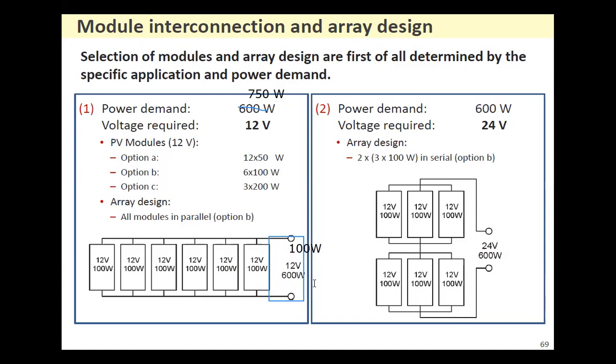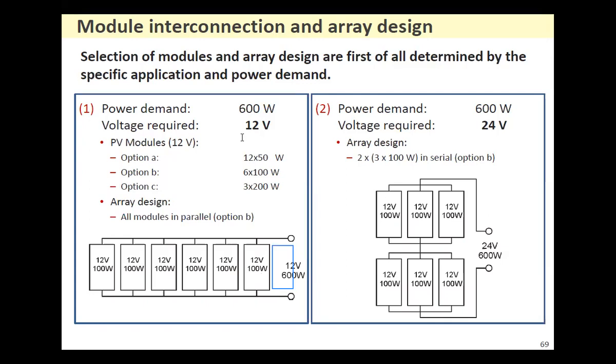So you will be having one more panel of 100 watt, and let me redraw it. You can have one more panel, and it should be of 100 watts, not 50 watts.